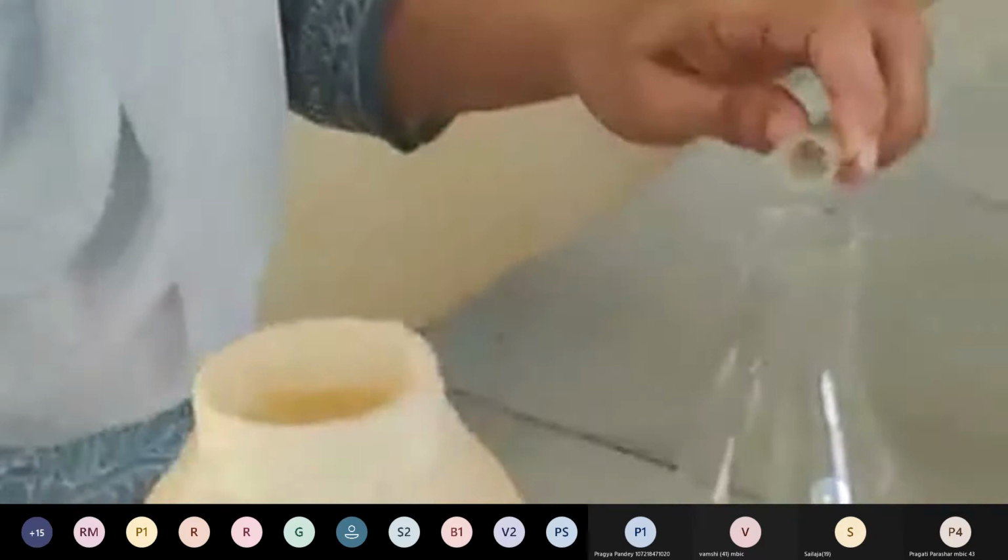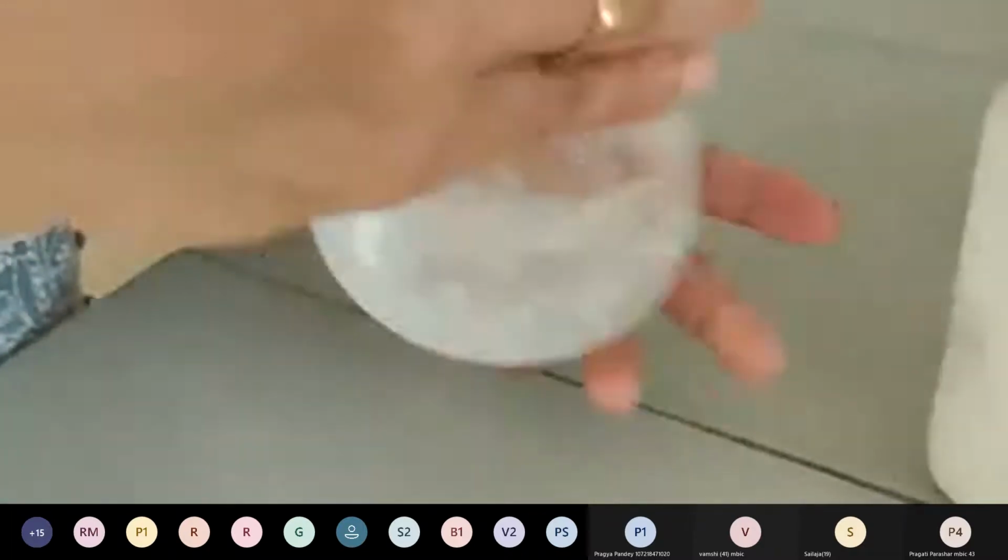Fifteen ml of 10% NaOH. This is an organic compound, so you know organic compounds will not dissolve in your polar solvent water.